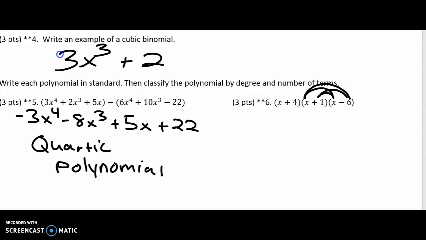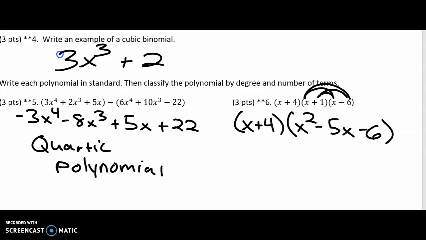Okay, so first of all, I'm not changing this first parenthesis at all. Then I have in here x times x, which is x squared. I'm going to have like terms in the middle, so I'm not going to write both of these out. So I'm going to get negative x and a negative 6x and a positive 1x, which would give me negative 5x in the middle. Okay, and then negative 6 to end it off.